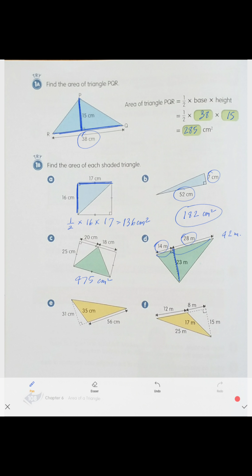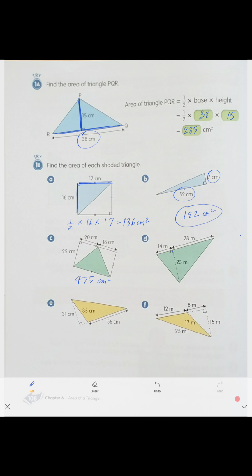If you want to find the area of the triangle, half times 42 times 23, right? And your answer should be 483 meters squared. Sorry, I got a little confused here. I thought it's a single triangle. I'm gonna explain this again, sorry.